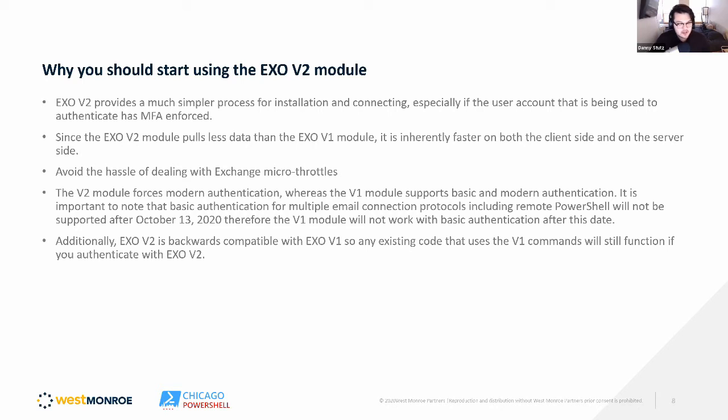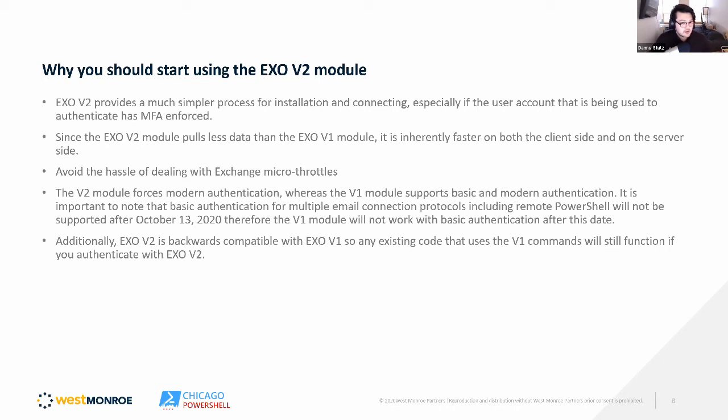They're disabling legacy authentication. So you basically will not be able to use basic authentication with the V1 module to connect to Exchange Online. You will have to use modern authentication. And since you have to use modern authentication, it would make sense to use Exchange Online V2 since it's natively modern auth and it's not as complex a process to install or use.